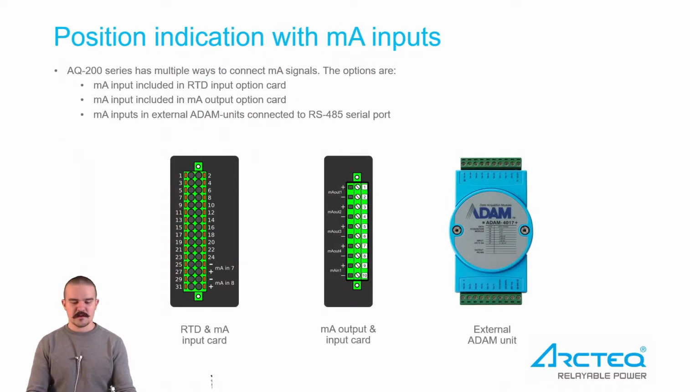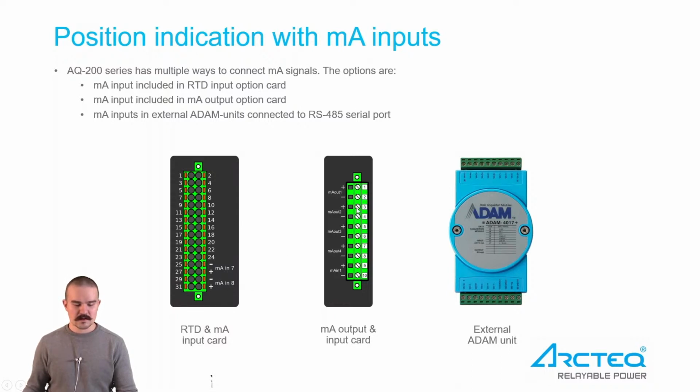First, we start with milliamp inputs. There are many ways to get milliamp input measurements to 200 series devices. The first one is the RTD input option card. And in this one, the last two channels also have milliamp inputs.